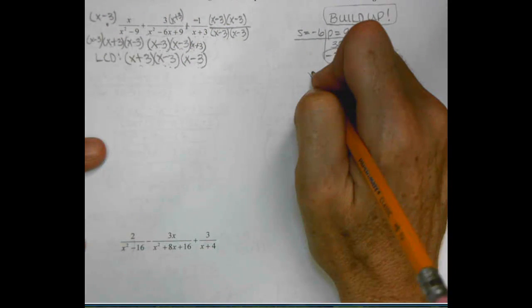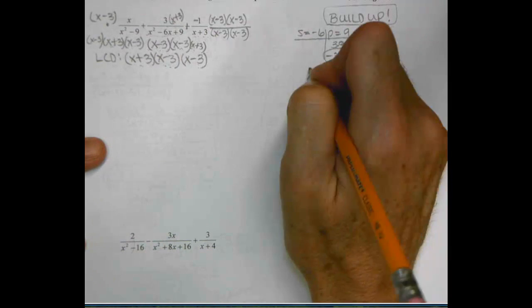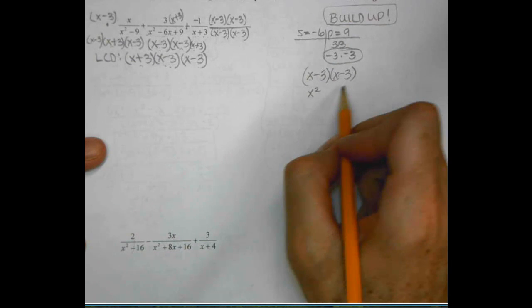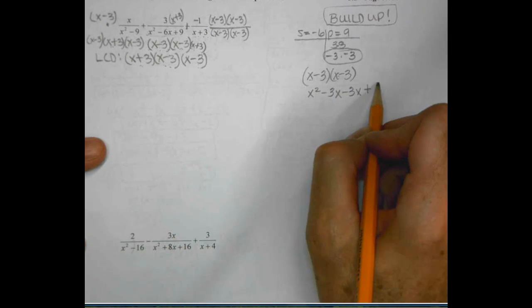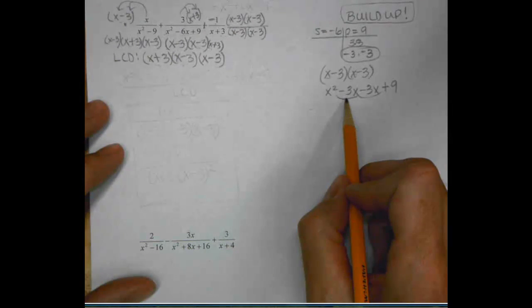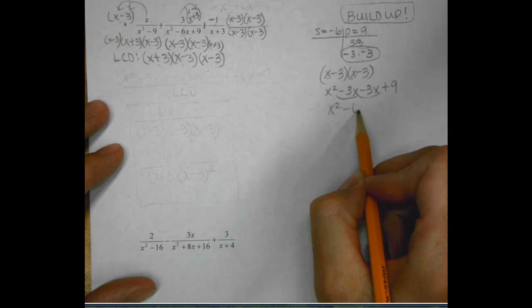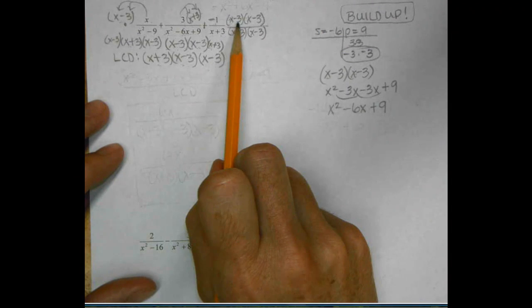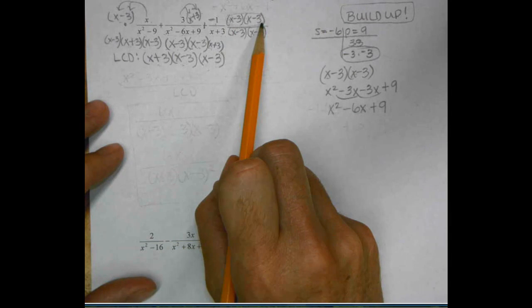And just to double check, because I know sometimes I move too quickly, x minus 3 times itself, I can use FOIL and get x squared minus 3x plus 9. Here I'm going to combine my like terms in the middle, and I end up with x squared minus 6x plus 9. And then I want to use that in place of this x minus 3 times the quantity x minus 3.